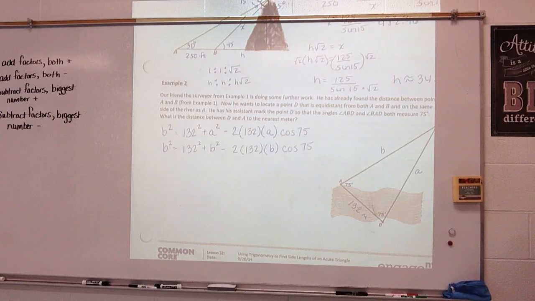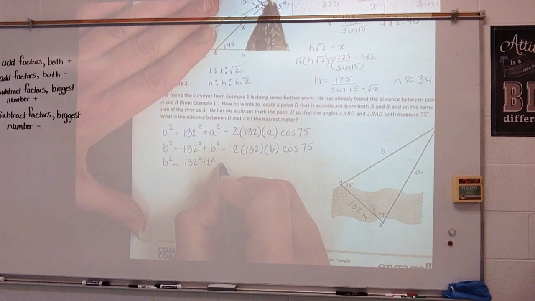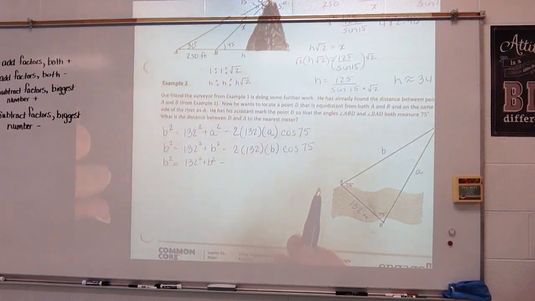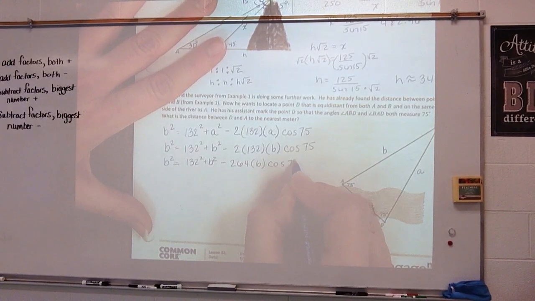Alright, so let's see what we can do here. I can go ahead and simplify. B squared is equal to 132 squared plus B squared minus 2 times 132, which is 264, times B cosine of 75.